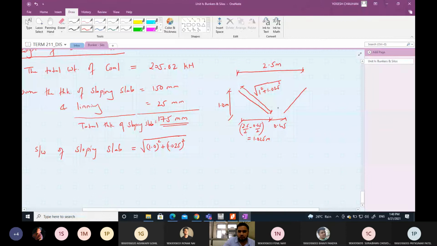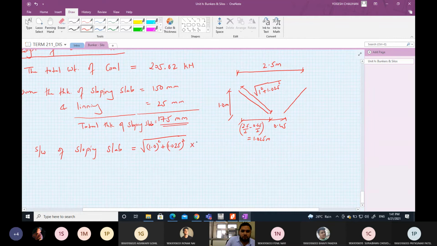Such 4 walls will be there because it is pyramidal in shape. So one wall on this side, this is the second wall, and 2 on the opposite side. So multiply by 4. Okay, and this is to be multiplied with the total thickness. The thickness of this wall is 175 mm. Let us draw the thickness as well.